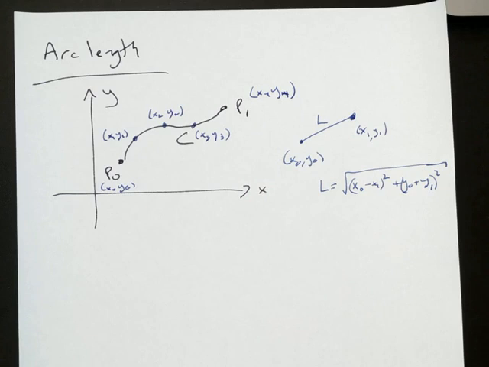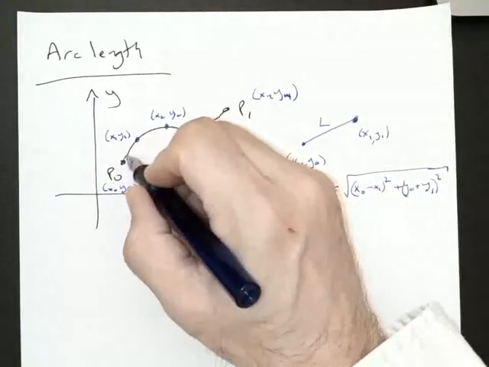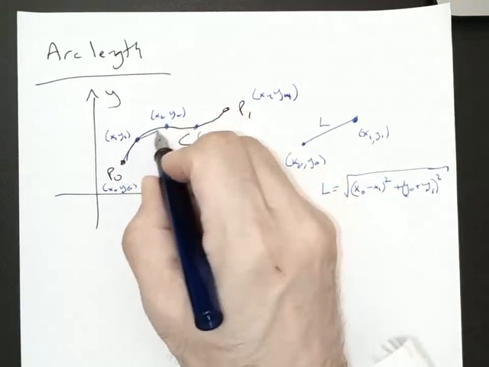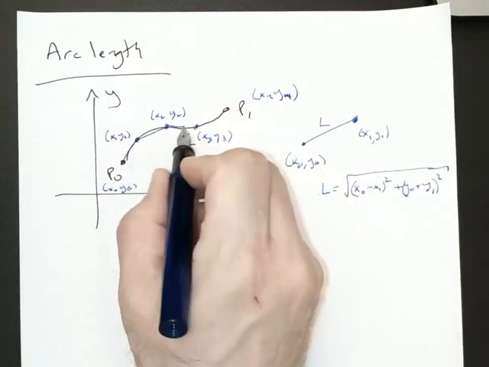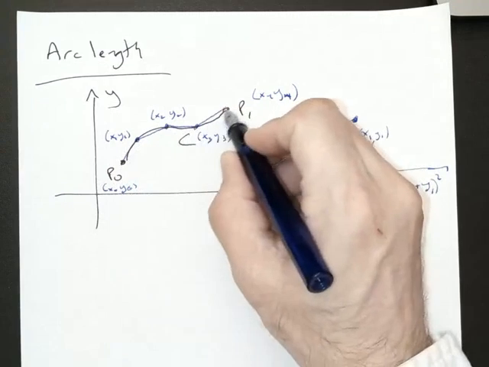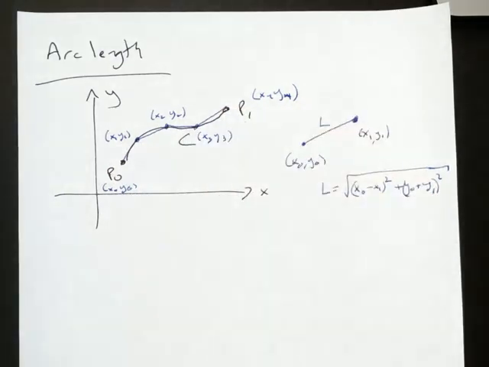And instead of trying to do the curve, let's replace each piece of the curve with a piece of a straight line. That's not quite going to be the same distance, but it's going to be close, isn't it?